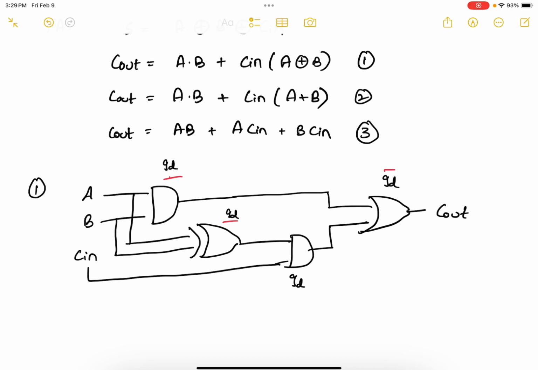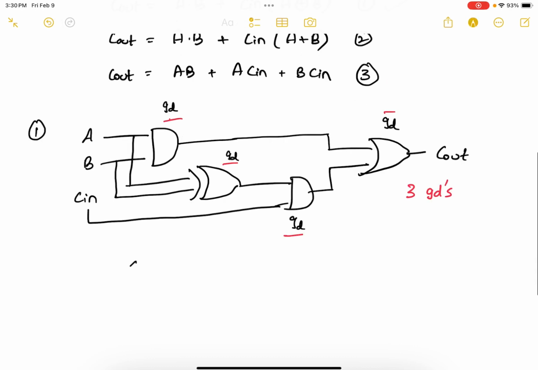This feeds into another AND gate, so the AND gate is waiting for the XOR output, and the AND gate undergoes another delay, GD. And then you have the OR gate, which has another GD, so that's three gate delays. Therefore, the critical path for a full adder with equation number 1 has three gate delays.